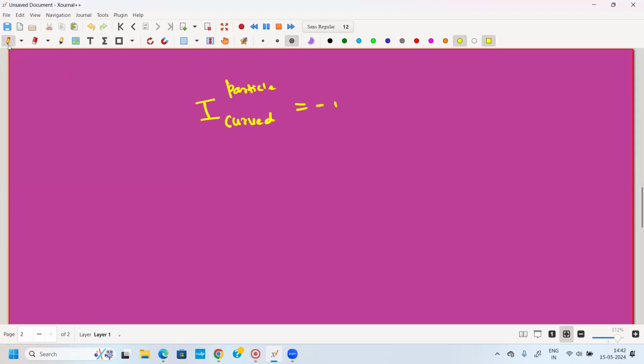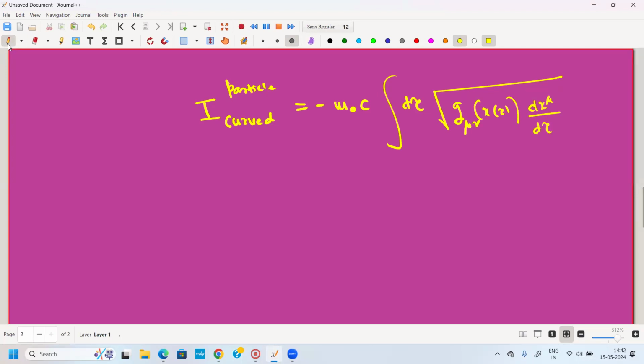We already mentioned that the action of a particle in curved space is just the integration over g mu nu dx mu d tau dx nu d tau. This is the structure of the action of a particle in curved space.